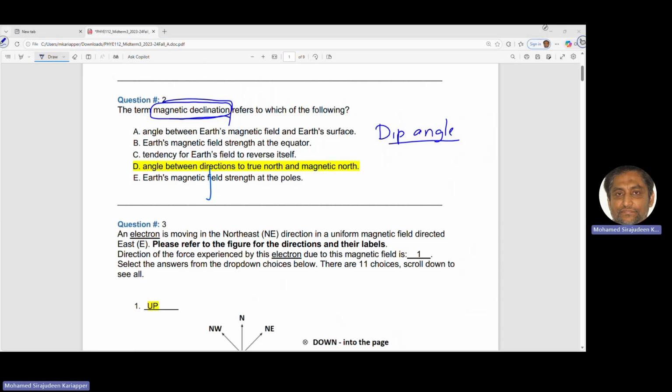But suppose you have a compass whose needle can rotate in any direction. If you check it here in Riyadh, it will go down a bit. Dip angle is the angle between the magnetic field direction and the horizontal. That is another one you are supposed to remember.